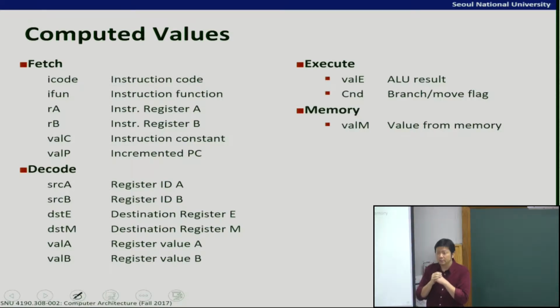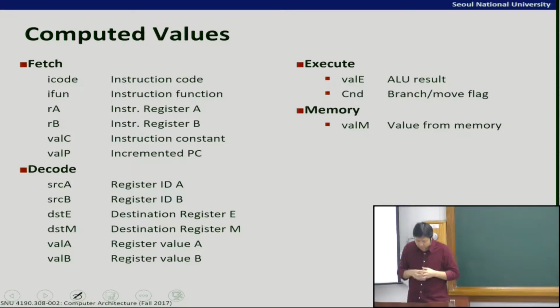So there are 2 different choices for where the write-back value comes from. E means from the execute stage, from the ALU. M means the value comes from the memory stage, from the data memory output. And the register values valA and valB will be the values you read from the register file, A and B.